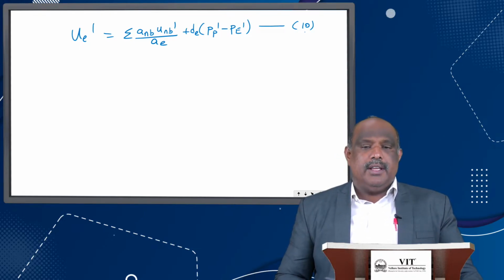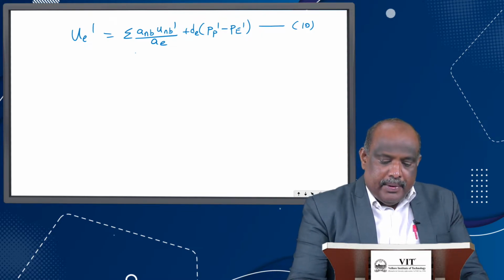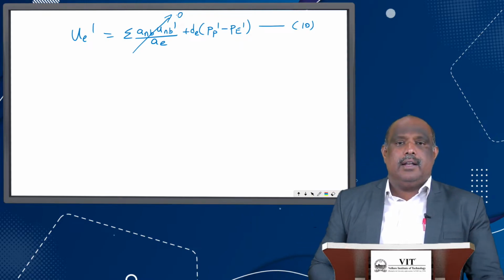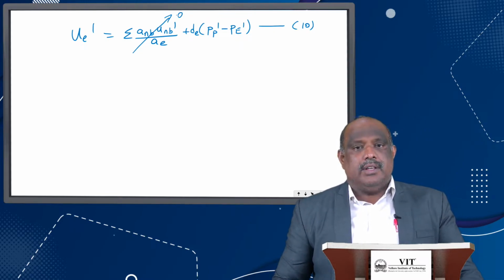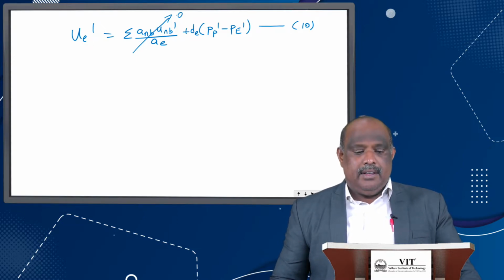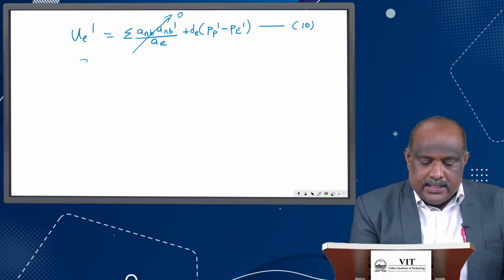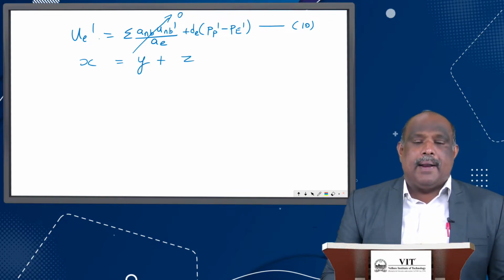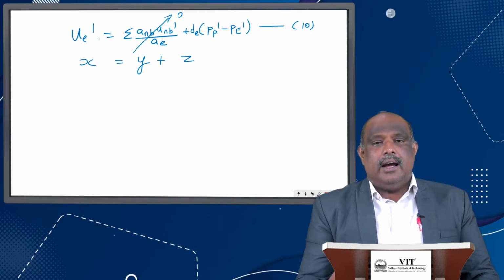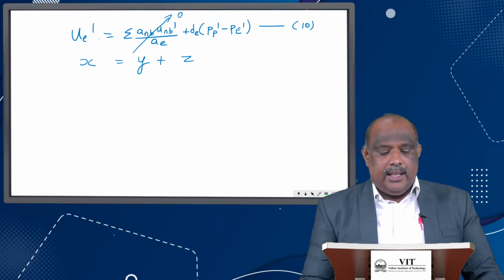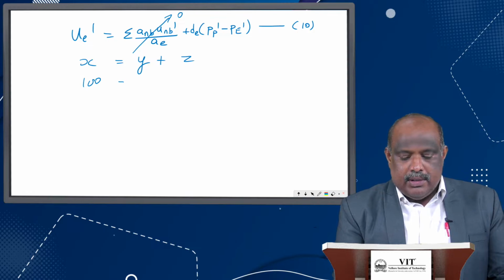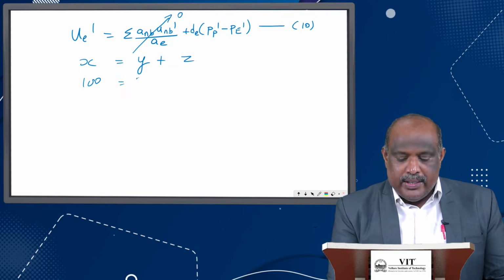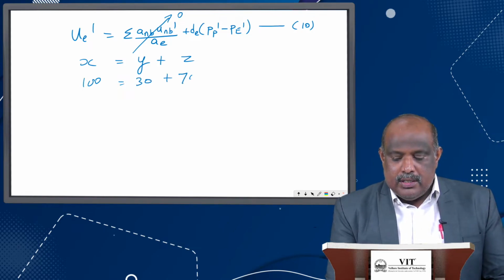But what I am going to do is purposefully make this first term 0. Then you will say it is not okay because it is not satisfying. The idea is that if earlier x equals y plus z, let us take ue prime as x, this term as y and this term as z. Earlier, let us say the total value is 100 and, for your understanding, y is 30 and z is 70.